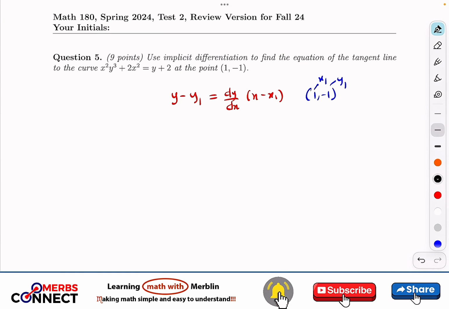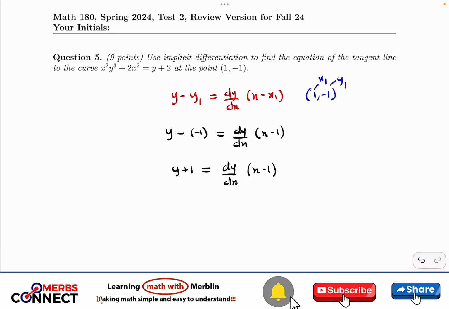So it means that this will be y minus 1, and then dy over dx, x minus 1, and y plus 1 is equal to dy over dx, x minus 1. So we're almost done with the equation of the tangent line. What we need right now is dy over dx, which we can get from here.